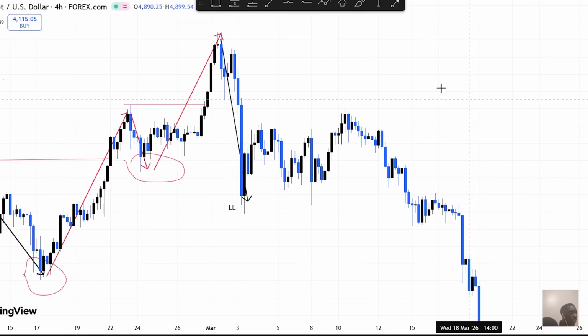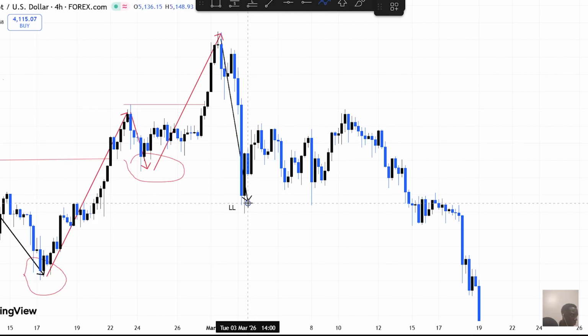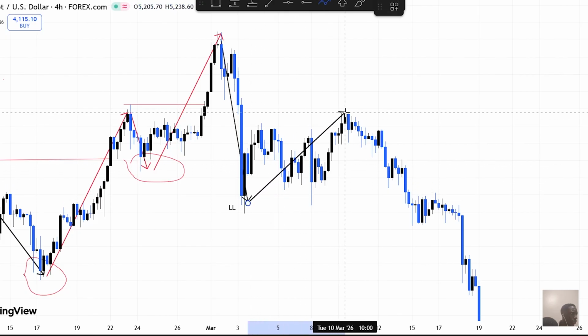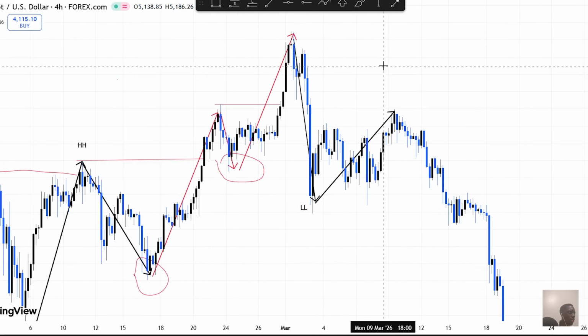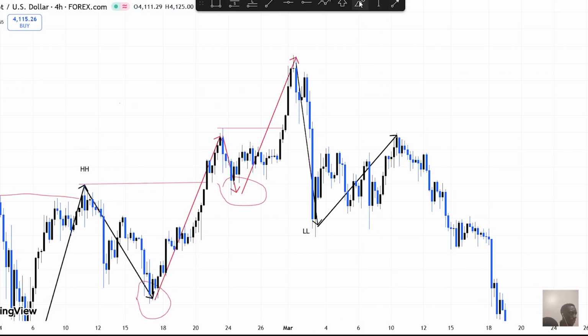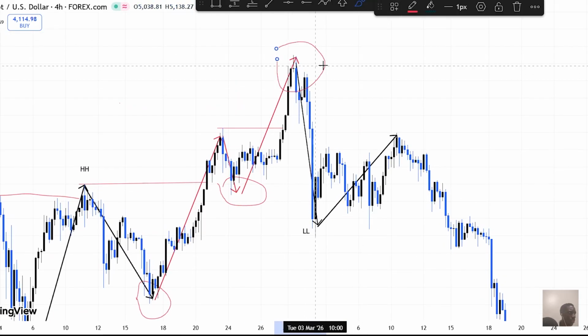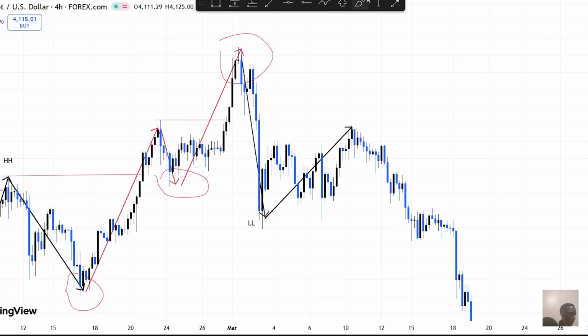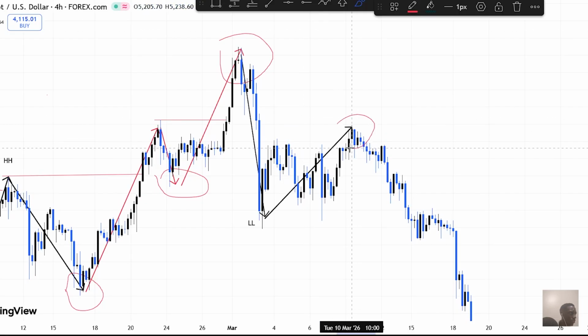And then price does the same thing again. It pushes. It doesn't take out this high. So now we consider this as our correction.